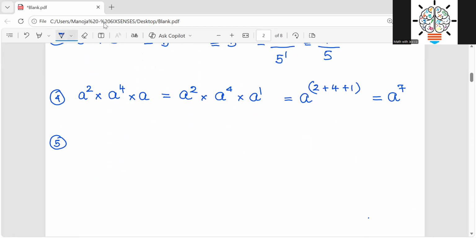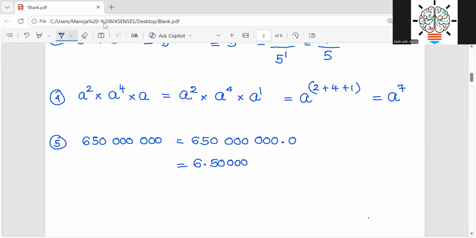Right? And then here you want to write this in standard form. 650, 2 zeros, and then another 3 zeros, and then you write this as 650, 1, 2, 3, 4, 5, 6.0, and then you bring the decimal here, 1, 2, 3, 4, 5, 6, 7, 8, and you write 6.5 times 10 to the power of 1, 2, 3, 4, 5, 6, 7, 8. 10 to the power of 8.